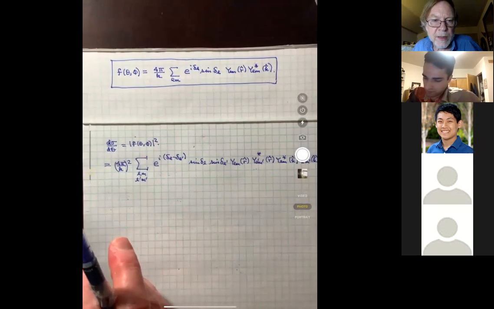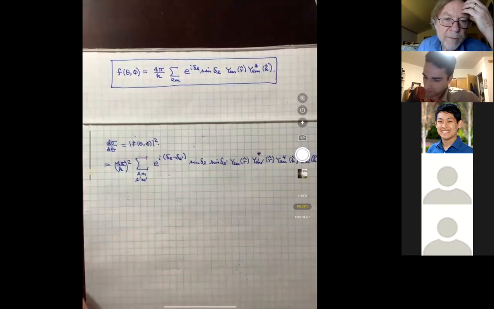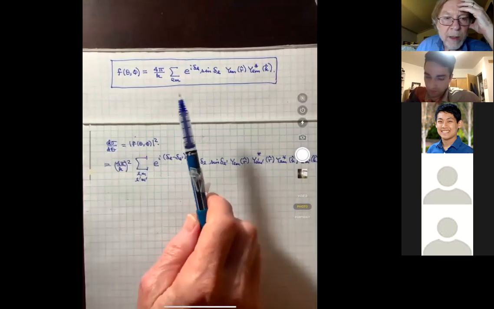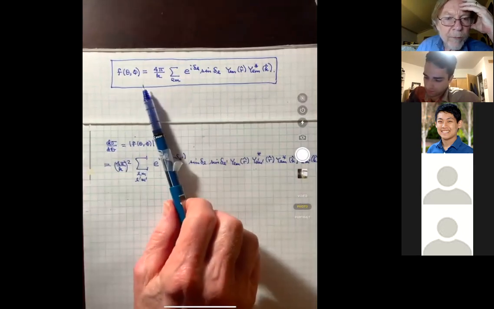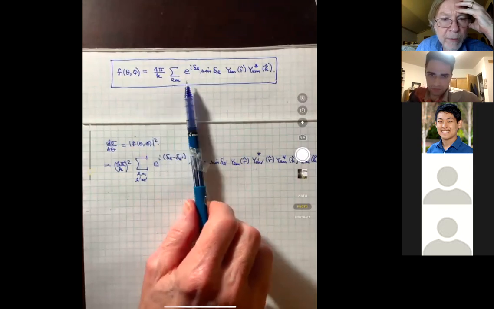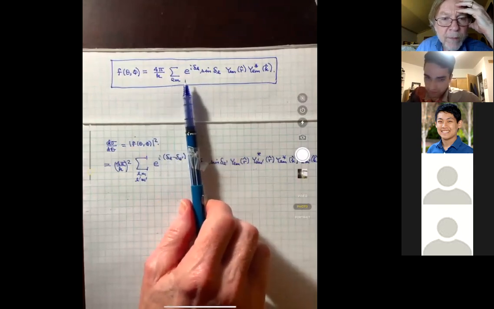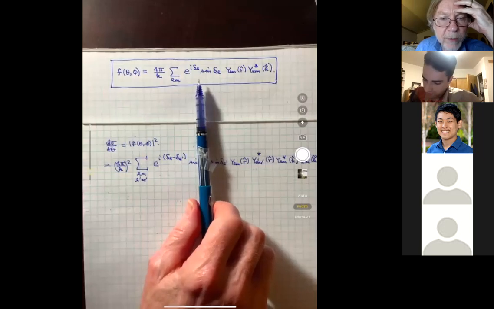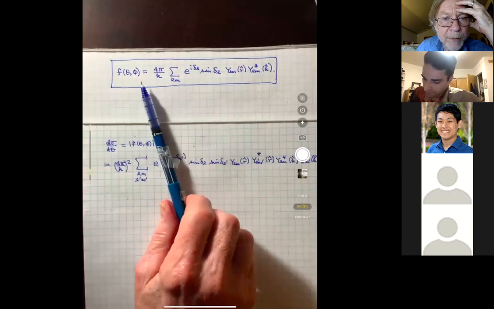And the reason is this, well, the effect of it is this. Let me say, first of all, that the expansion above, which is one of our main results tonight, of the scattering amplitude given here in terms of these YLMs, with coefficients expressed in terms of the phase shifts, is sometimes called the partial wave expansion of the scattering amplitude.